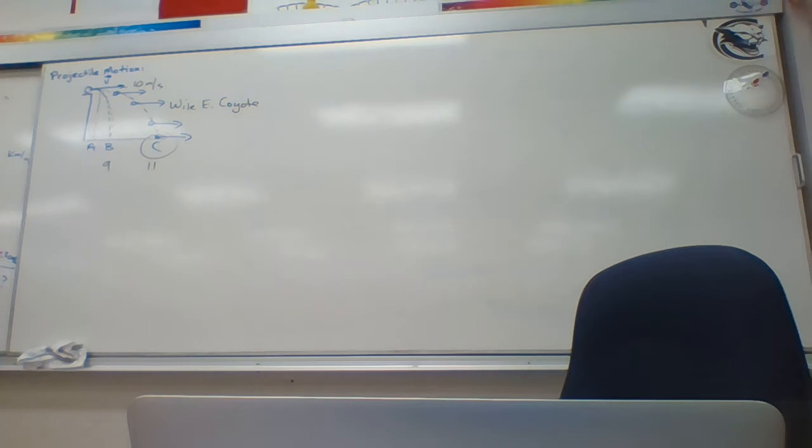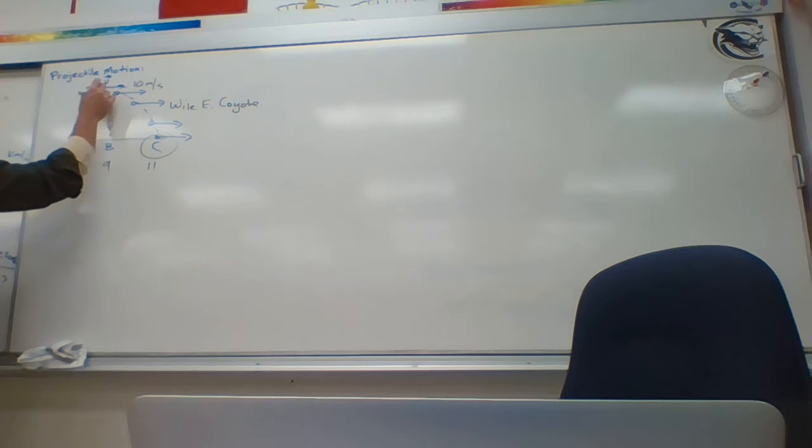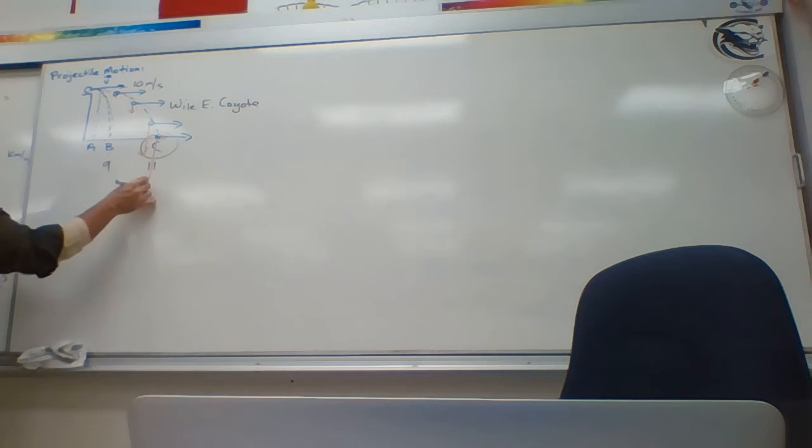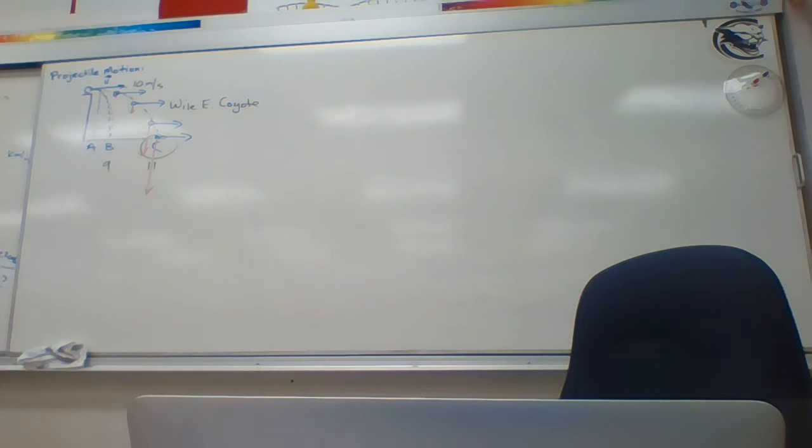Vertically, though, what's happening to this object? It's falling down at what rate? So vertically, you are accelerating. You'll see this: initially, he won't have any velocity at all in the y direction, but then he'll start picking up velocity in the y direction like this. And then just before he hits the ground, he's got a huge y velocity.